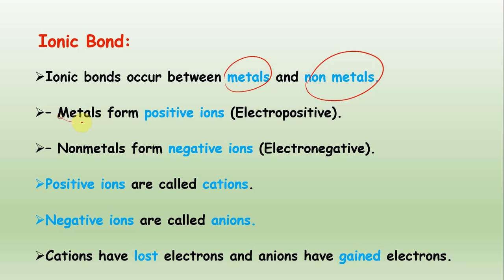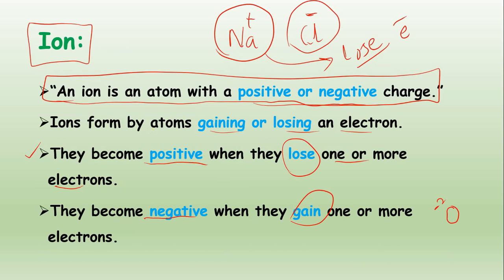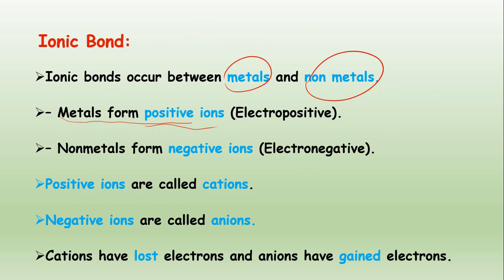Metals always, and this is a very key point, form positive ions. I told you in the previous slide that this is positive sodium. Sodium is a metal. Metals always form positive ions, like Na, potassium, and calcium, which is positive too. So they always form positive ions.